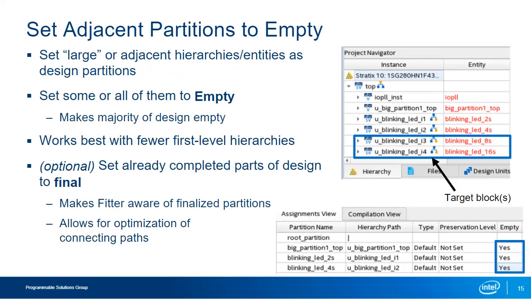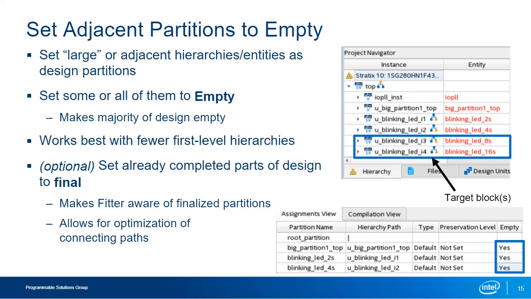Adjacent design blocks refer to parts of the design that are near the target of optimization. They may be on the same hierarchical level as the target or one level up or down. You may just want to set other large parts of the design that are not directly adjacent to empty as well. The more of the design you can empty out, the shorter the compile time during optimization.